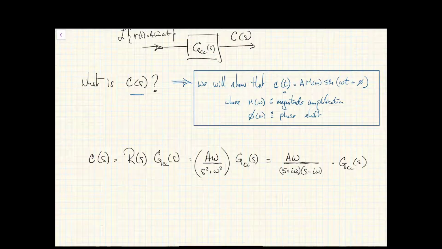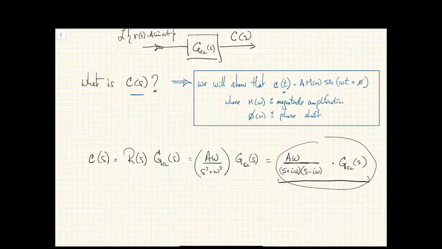Now, I'm doing it this way because what we'll do next is a partial fraction expansion of this C of S function. You recall how that works, right? We take the poles of the entire thing, and then split it out into a sum of first order and second order components, and build up the entire response in the S domain first.